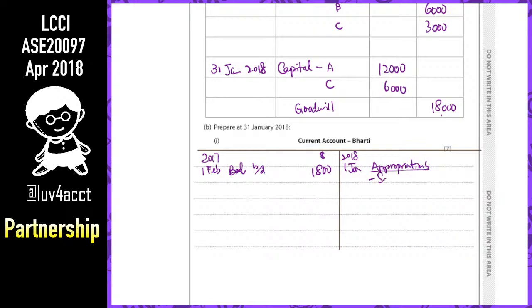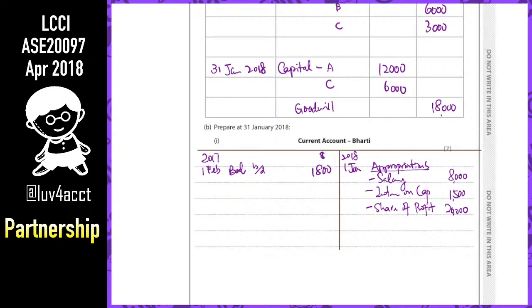We have salary, we have interest on capital, we have share of profit. Salary 8,000, interest on capital 1,500, and then 20,000 for the share of profit.